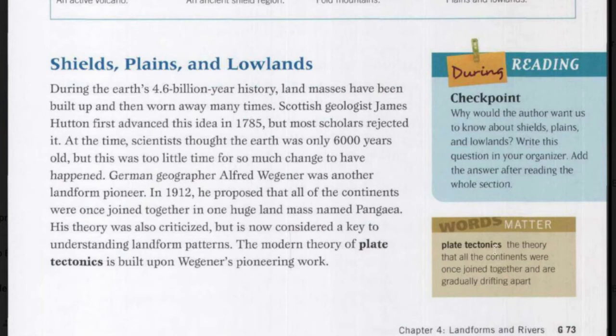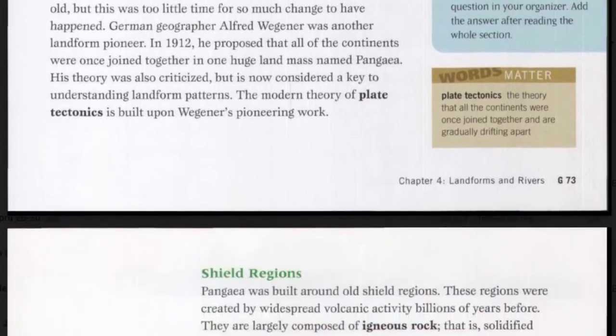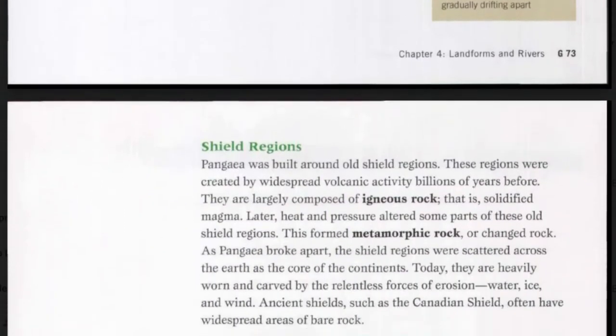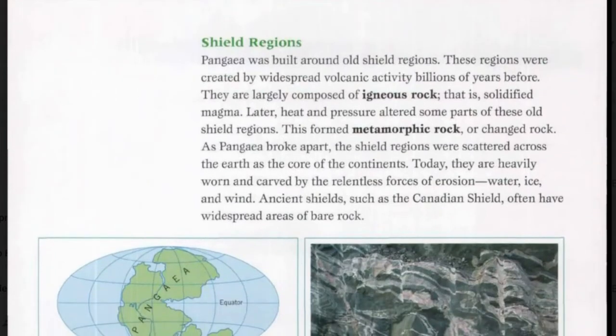And four words matter here: plate tectonics, the theory that all the continents were once joined together and are gradually drifting apart. We saw those in our previous videos, where the plates kind of float on top of the magma.